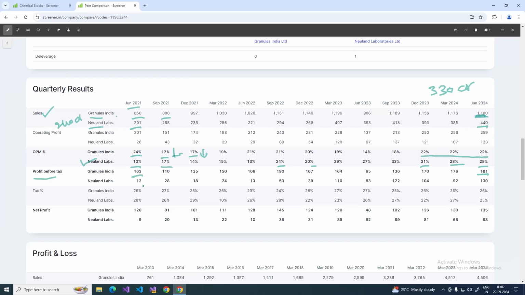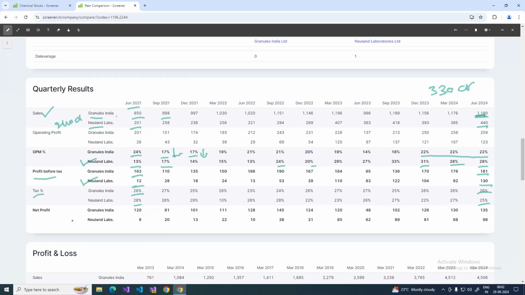But if we observe Neuland Laboratories, from 12 crores to 130 crores, so approximately 120 crores increase. This is positive for Neuland Laboratories. Next one, tax percentage. If you see here, like 26-28%, currently 26-25%. So both are paying taxes. So this is positive for both.